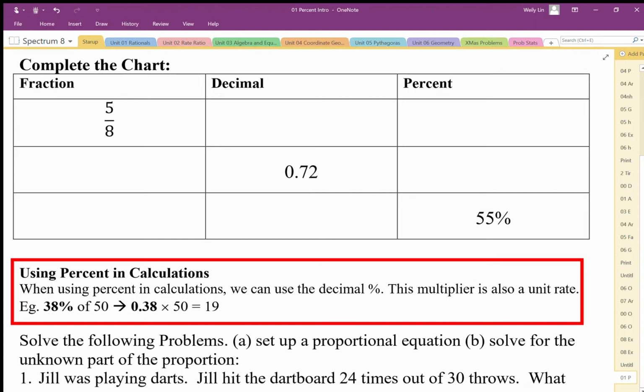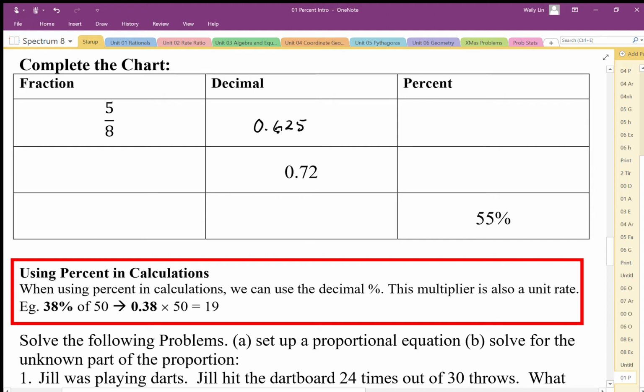So again, we want to make sure that we can connect percentage with fractions, proportions, ratio, rate. And a decimal represents what we would consider the unit rate. So if I divide this fraction, I'm going to get 0.625.